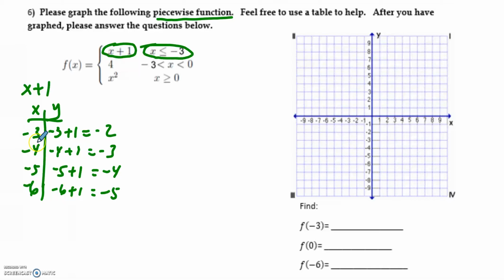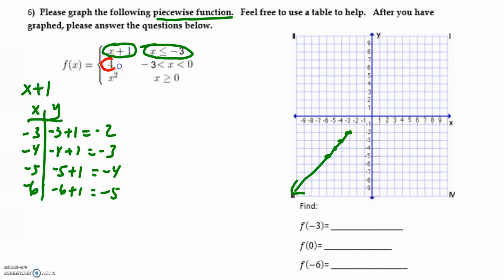So if I plot these points, -3, -2, I notice again that it's less than or equal to, so -3, -2 will be a closed dot. -4, -3 would be here. -5, -4 here. And -6, -5. So this one is from -3 all the way to -infinity, so I'd have an arrow like the last example going down forever. So that's piece 1.